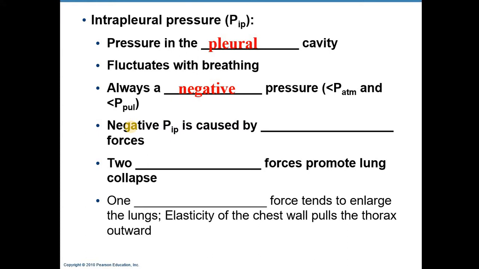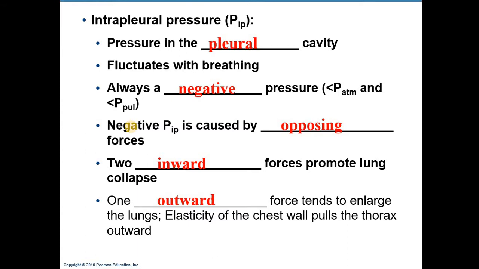This is always negative, so it's less than the atmospheric pressure. The negative intrapleural pressure is caused by an opposing force. You have 2 inward forces that promote lung collapse, and then 1 outward force that tends to enlarge the lungs and the elasticity of the walls.